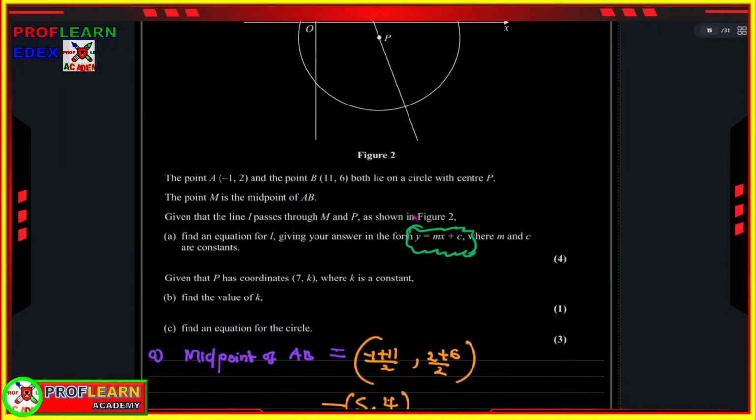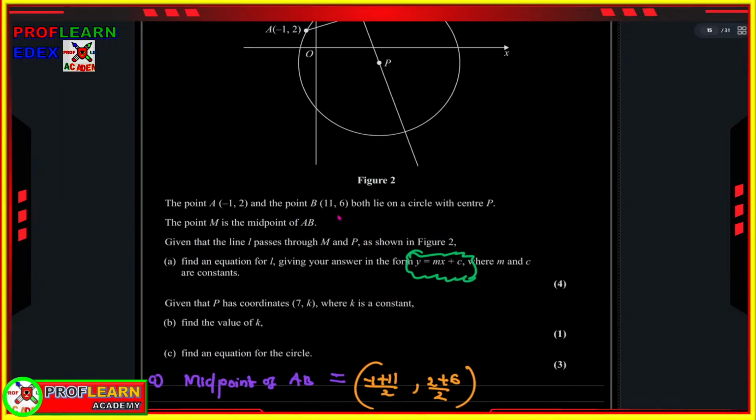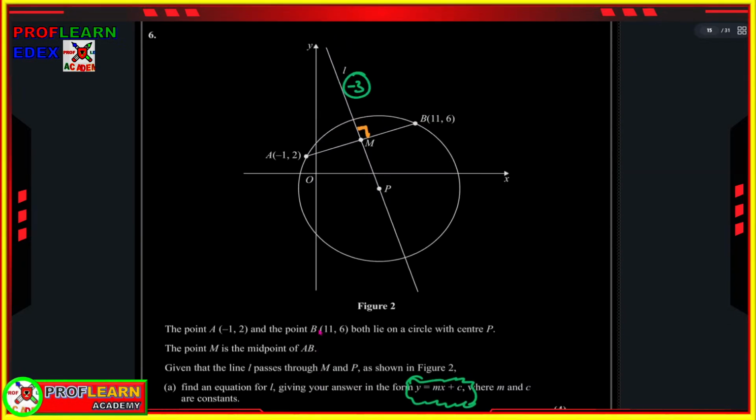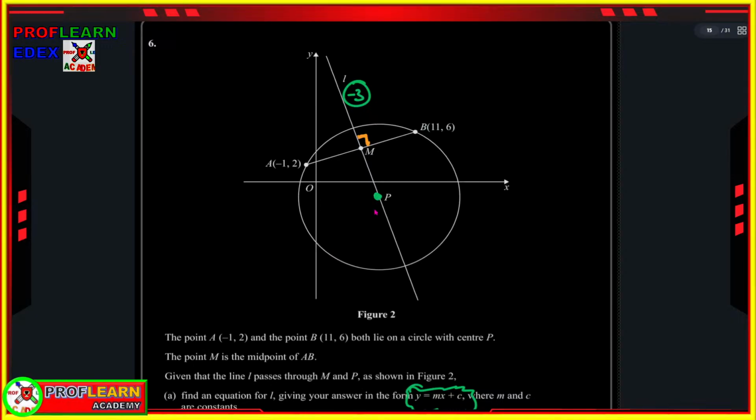The next part is, given that P has coordinate (7, k), where is P? P is here.